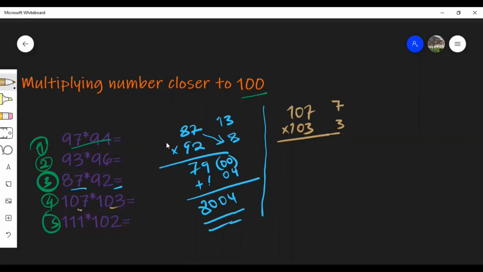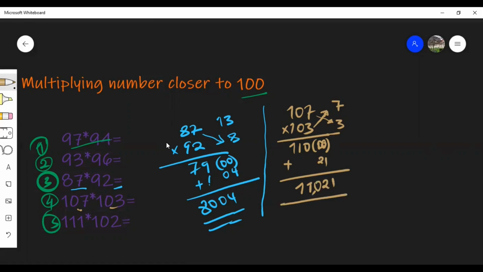You add either this or this one here. If you add this one, it gives you 110, and that is hundreds. Now what you want to add is the multiple of 7 and 3, which is 21. That means you're getting the answer here as 11, 0, 21.